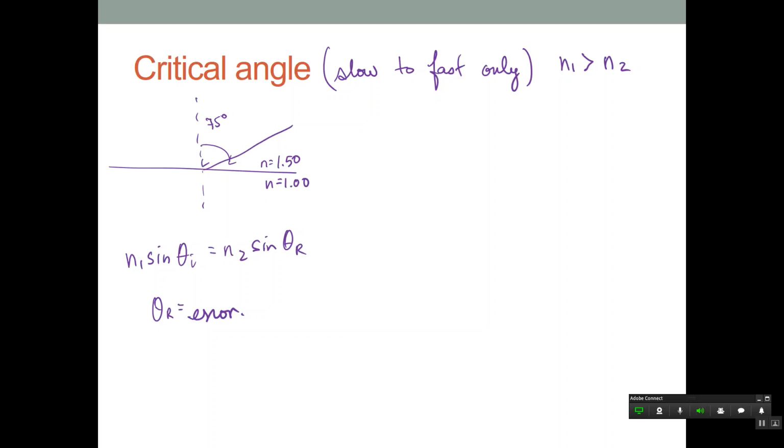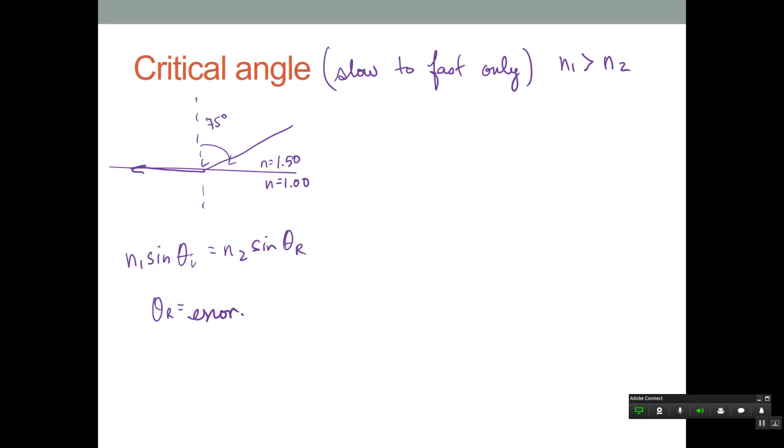At some point, it's going to be at a maximum of 90 degrees, right? And beyond that, it can't go beyond 90 degrees. It doesn't make any sense. So that means there's a maximum value of 90 degrees.